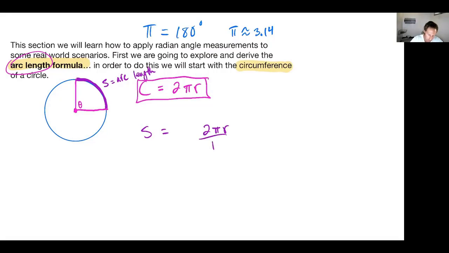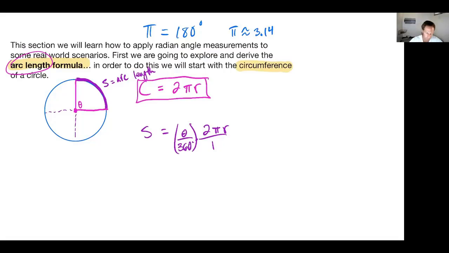Well, right now you can see that's 1/4. Because if I was to extend this out, this would just be one of the 4 pieces to get all the way around that 360 degrees or 2 pi radian measurement. So we're going to multiply this by whatever amount we know of the whole angle that we'd be rotating around.